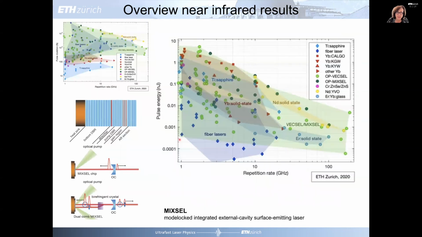When you look at the pulse energy, you can see that we get comparable pulse energy as a function of repetition rate. So the average power argument is not there, and you get this really good performance with the optically pumped semiconductor. And what makes the MIXSEL also interesting is you have a very simple cavity design.